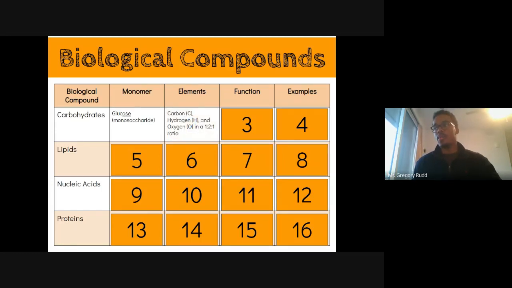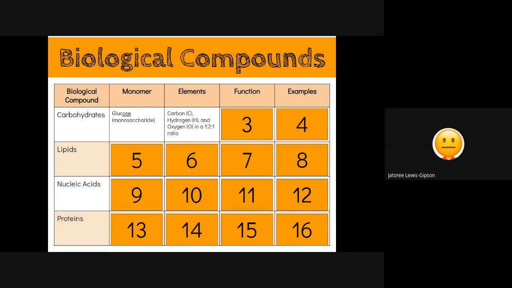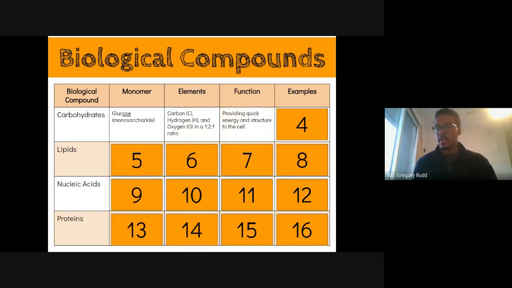What's the function of carbohydrates? What do they do for living organisms? Producing quick energy. Excellent. Thank you, Abigail, and thank you, JT. They provide quick energy, and we'll talk about it in Unit 2, but they also provide structure in the cell walls of plant cells. And then lastly, can we think of some examples?